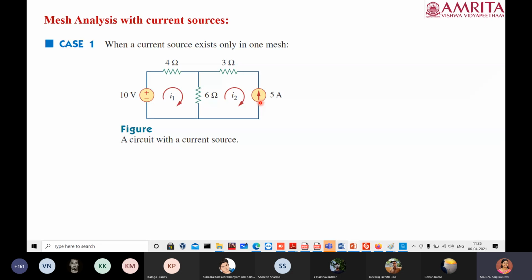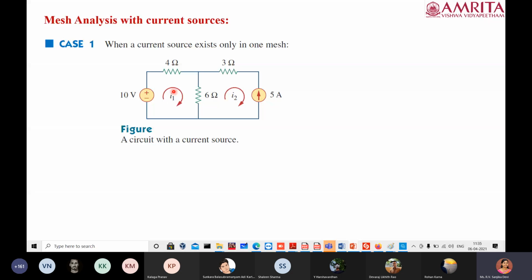For the first mesh we do not have any problem because we have only a voltage source, whereas for the second mesh, instead of a voltage source, we have a current source, and it exists only in this mesh. It is not common to the other mesh. So in this case, we will see how to solve the currents I1 and I2.